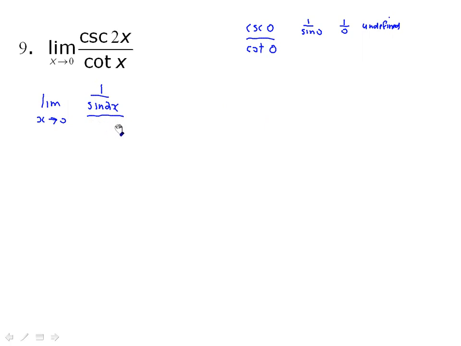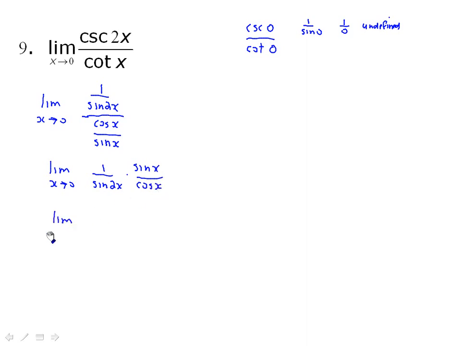There's not a lot of new material, new things happening. So 1 over sine 2x, all over cos x over sine x. Then as we invert and multiply, we'll get 1 over sine 2x multiplied by sine x over cos x. So far, so good.